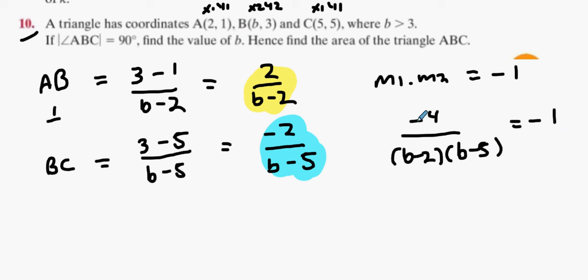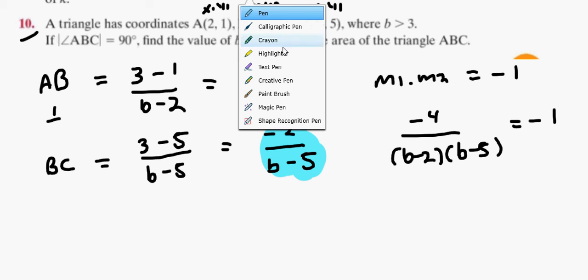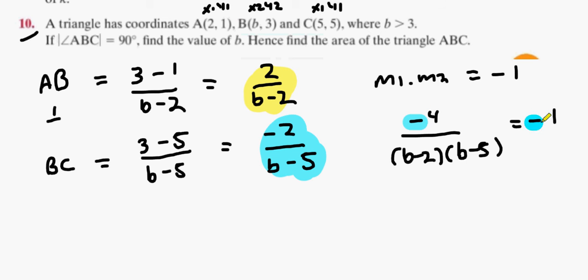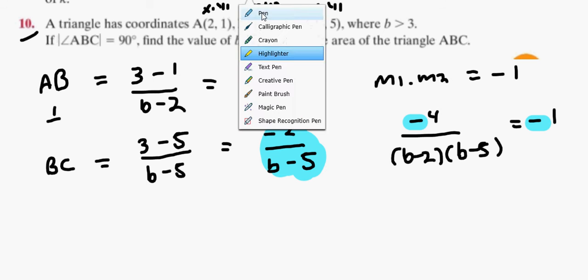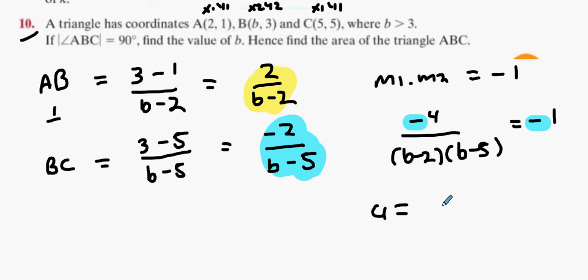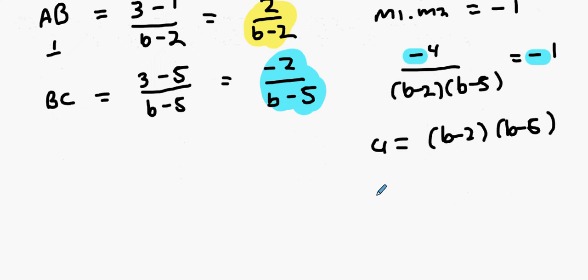I'm going to get rid of the minuses on both sides. Is that okay with you guys? Those two minuses, I'm just going to get rid of them. And then what we're going to have is 4 equals (b minus 2) by (b minus 5). 4 will equal b squared minus 7b plus 10.